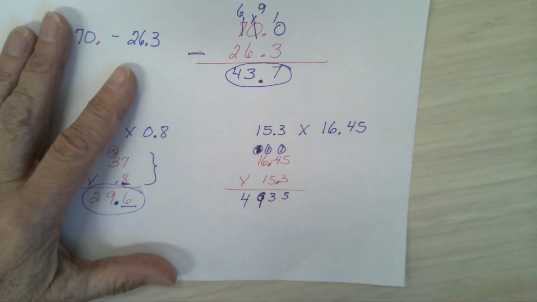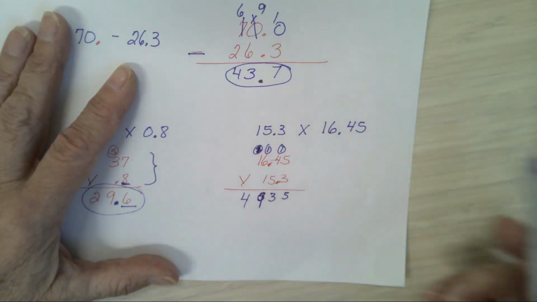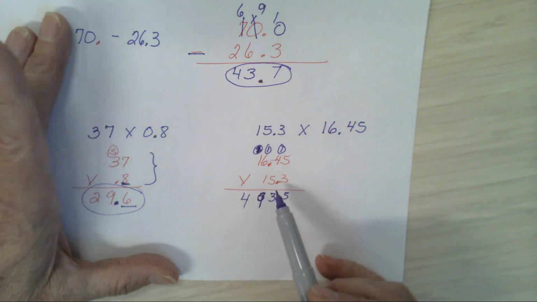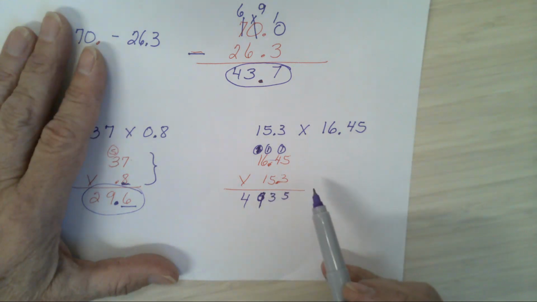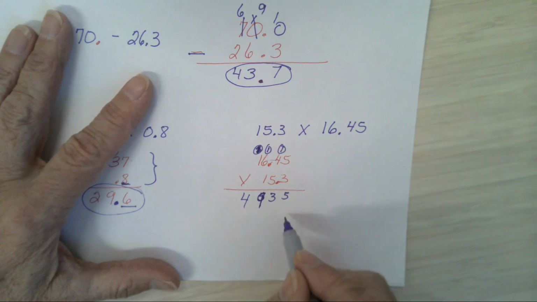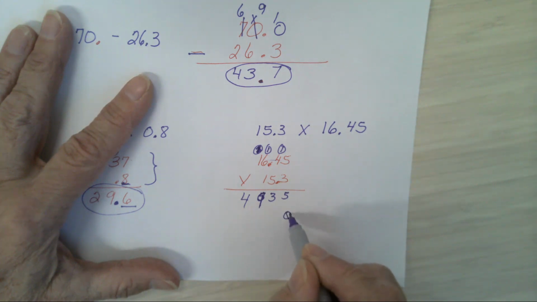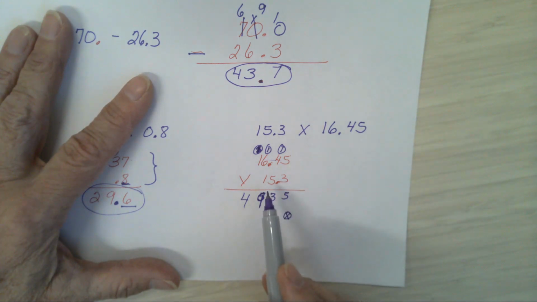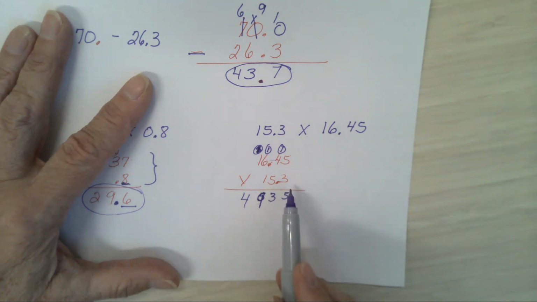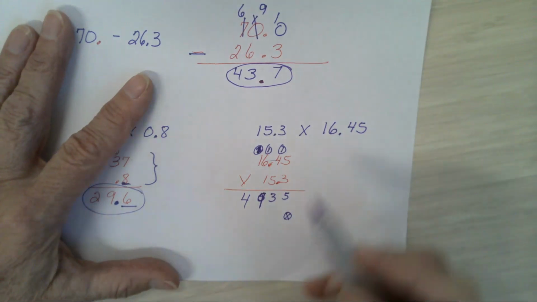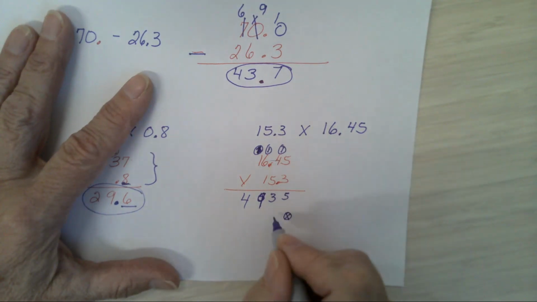Does that look better? Yeah. Good. Now, I'm going to multiply by the 5. But there's one number behind it. I call it justice. You put a justice 0. To justify multiplying by the 5, you have to give it its space because there is one number behind it. I've given it its justice, and now I'm going to multiply by 5. 5 times 5 is 25.